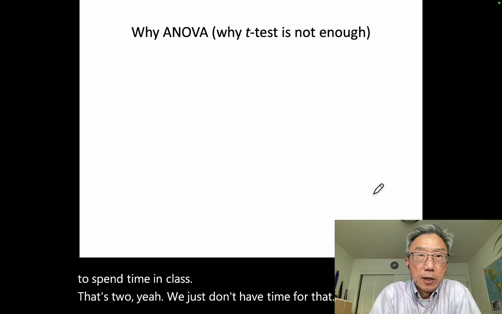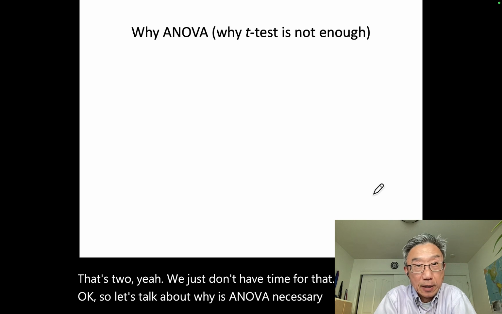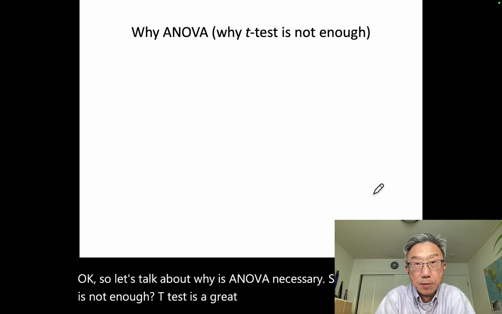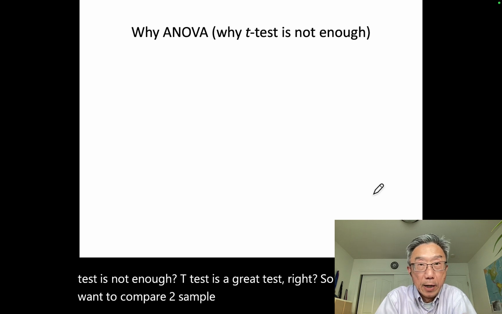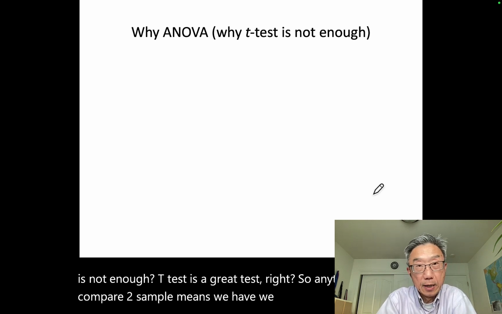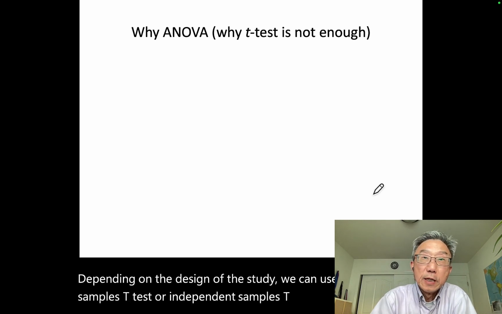Okay, so let's talk about why ANOVA is necessary. Why is the t-test not enough? The t-test is a great test. Anytime we want to compare two sample means, we can choose, depending on the design of the study, either a paired samples t-test or an independent samples t-test. So why do we need ANOVA?